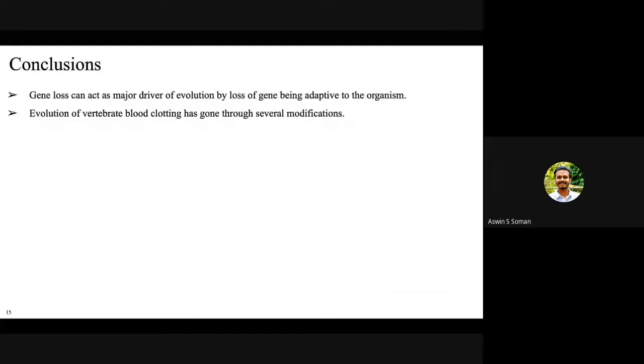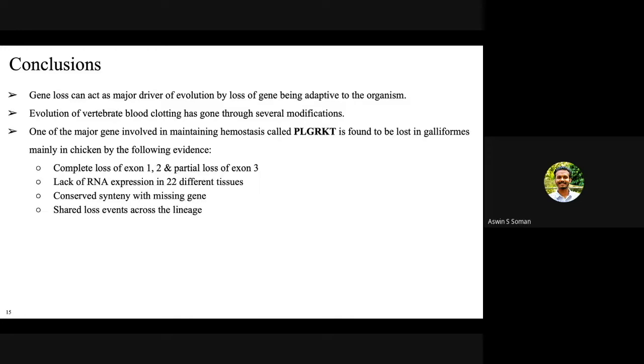And to conclude, gene loss can act as a major engine of evolution by being an adaptation for the organism. In vertebrate blood clotting, there were several modifications during evolution, and one of the major genes involved in maintaining homeostasis is the PLGRKT gene.